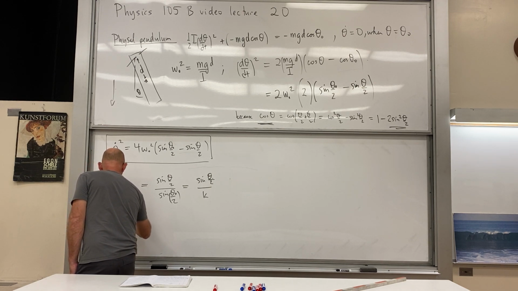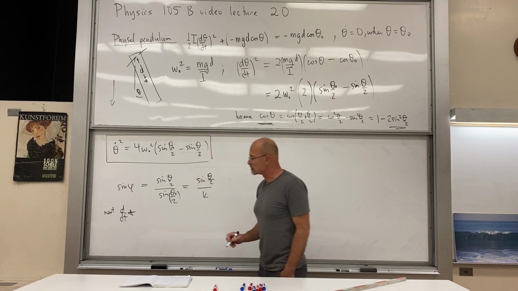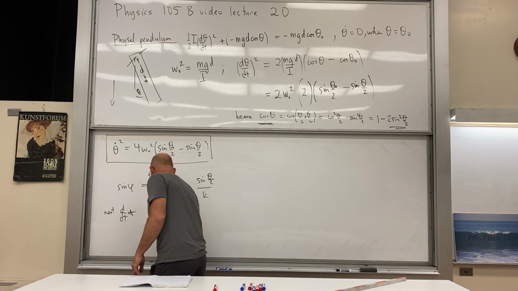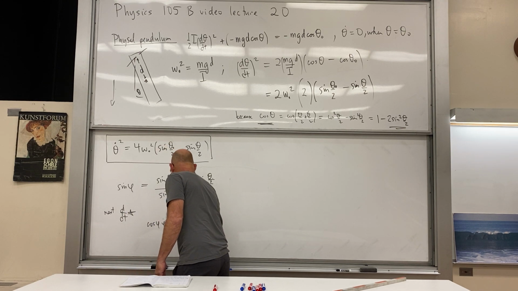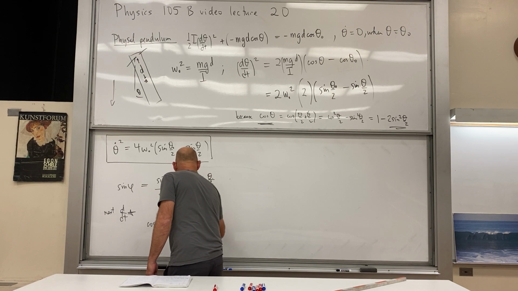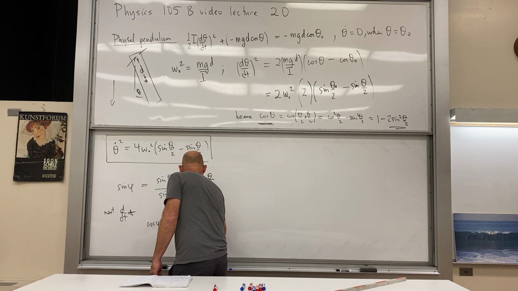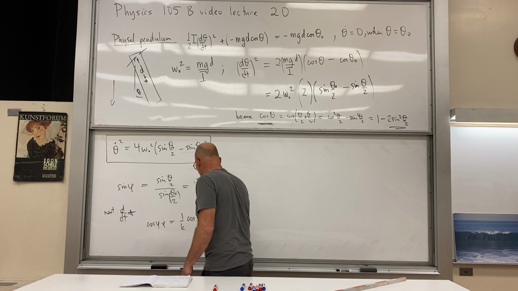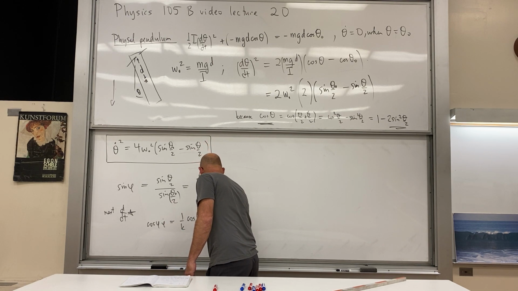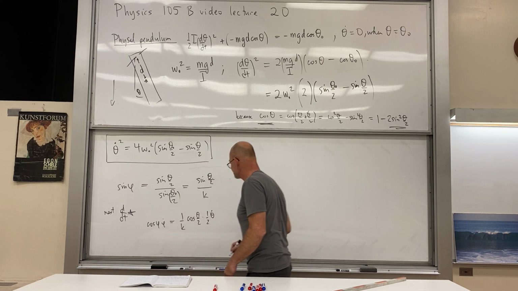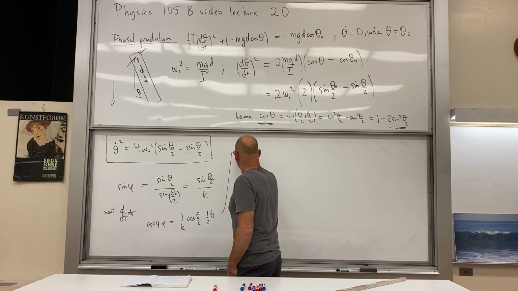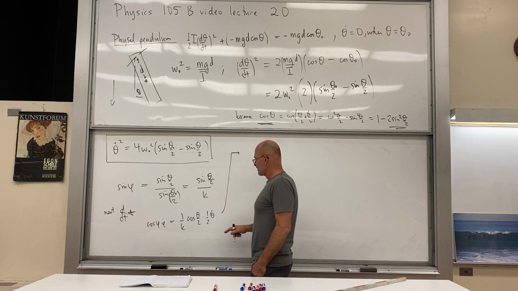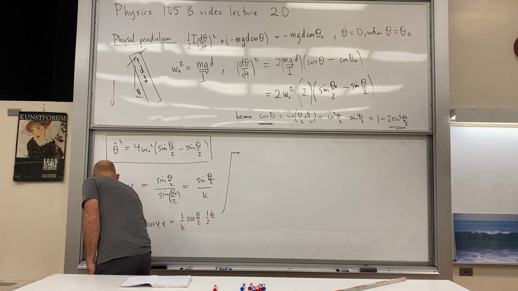So differentiate both sides with respect to time, and we end up with cosine of phi times phi dot equals 1 over k cosine theta over 2, and then times 1/2 theta dot. And this we're going to work around on. We're going to square both sides.